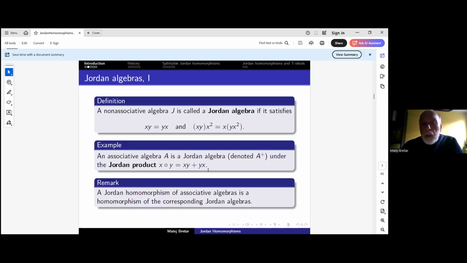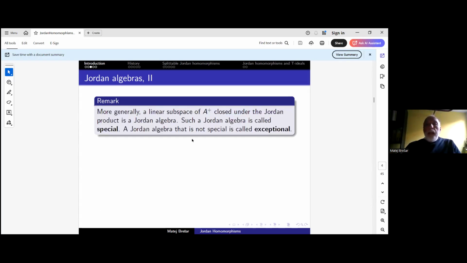So what is then a Jordan homomorphism between associative algebras? This is nothing but the homomorphism of the corresponding Jordan algebras. So that's where the name comes from, obviously. Now, these Jordan algebras of the type A plus are certainly not the only Jordan algebras.